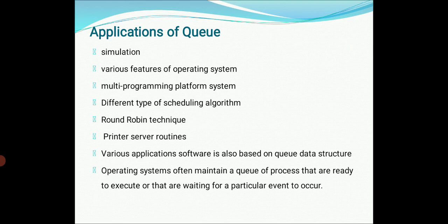The operating system often maintains a queue of processes that are ready to execute or that are waiting for a particular event to occur. These are some of the applications where the queue has to be used.